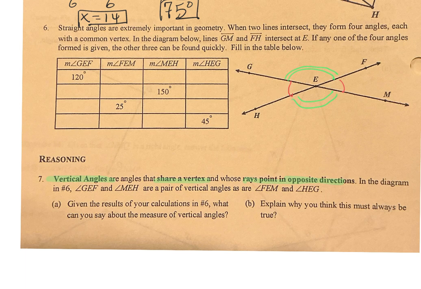I highly suggest that you write this down. I'm going to put it underneath the picture. So for example, angle GEH is equal to angle FEM. Those are the 2 red ones. Likewise, let's do the 2 green ones.